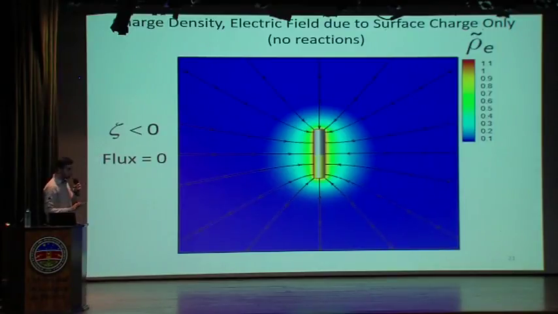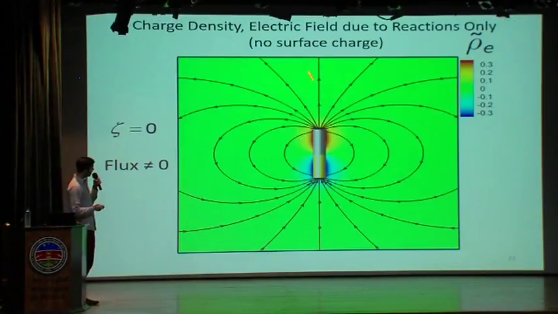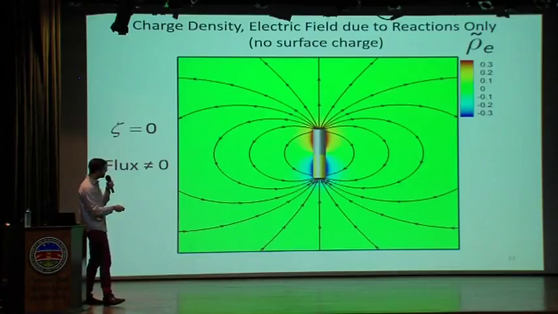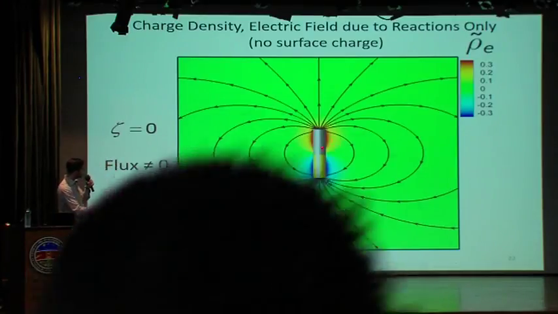So here, I have not included the reactions yet. Here we're only including the reactions and not the surface charge. So remember that the reaction on platinum generates protons, okay? So protons are positively charged.